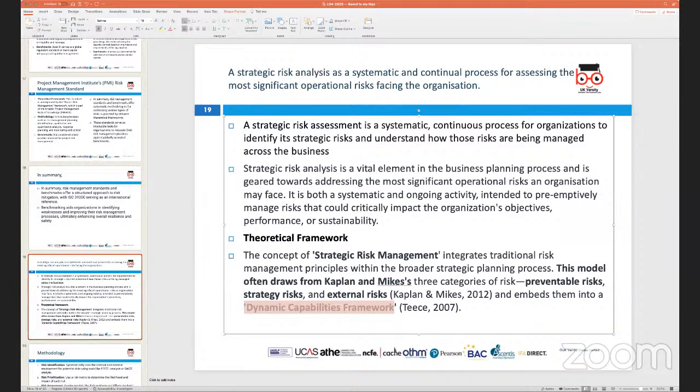This dynamic capability framework is a concept within strategic management that focuses on the firm's ability to adapt and innovate in response to changing external environments.